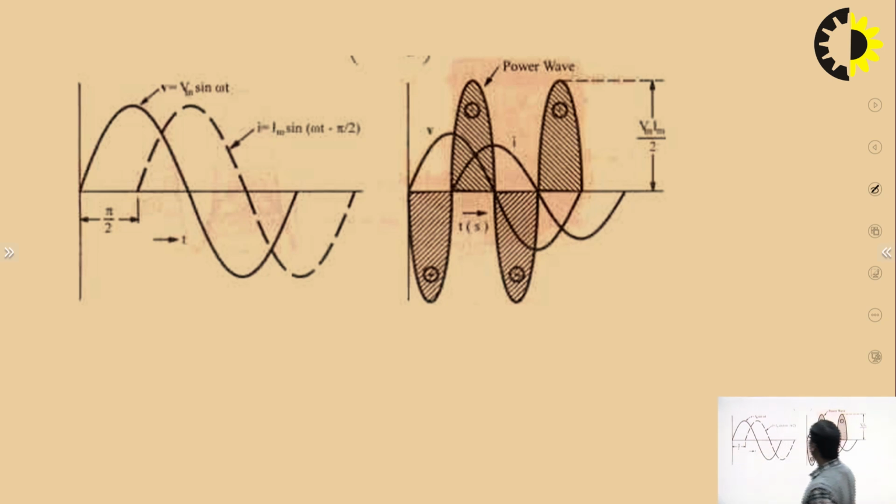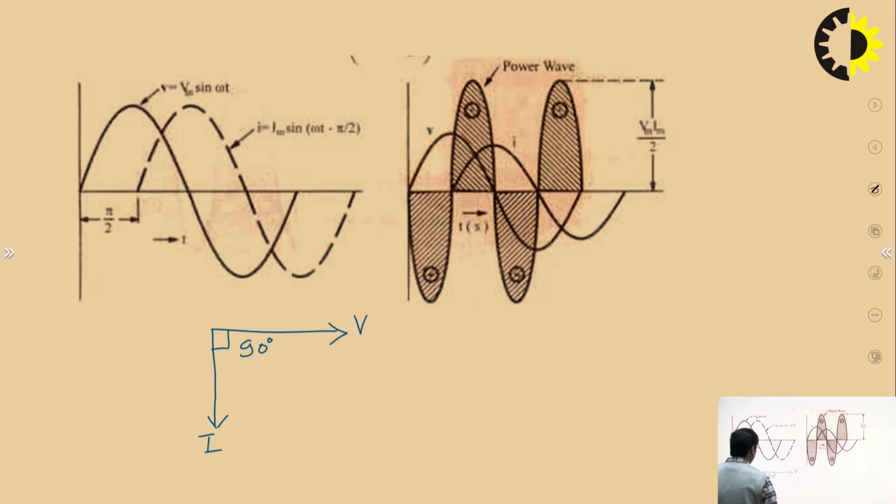In the phasor diagram, the voltage is taken as the reference, and the current is lagging behind the voltage by pi by 2, that is 90 degrees. Now, what about power?